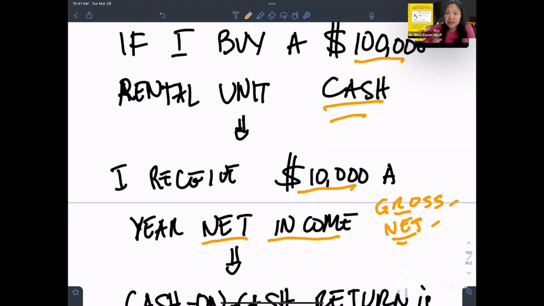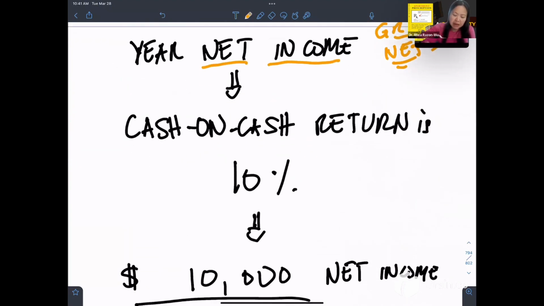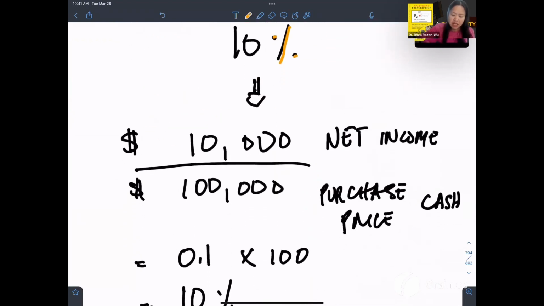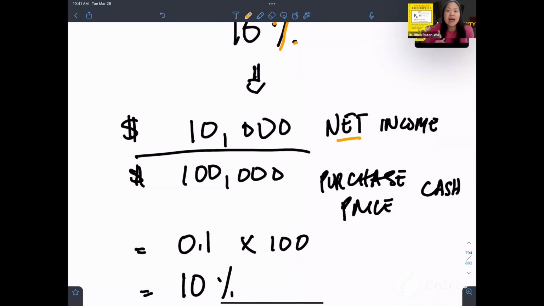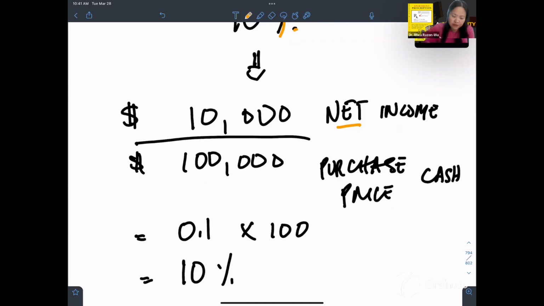So if I receive, in this particular situation, a $10,000 a year net income, then my cash on cash return is 10%. How did we come to get the 10%? The net income, after expenses, taxes, and mortgage have been paid off, is 10,000.